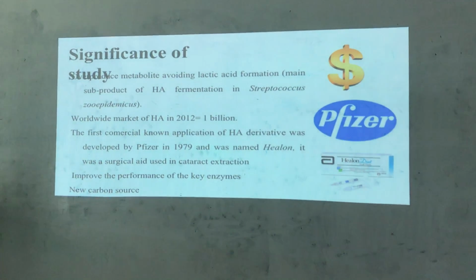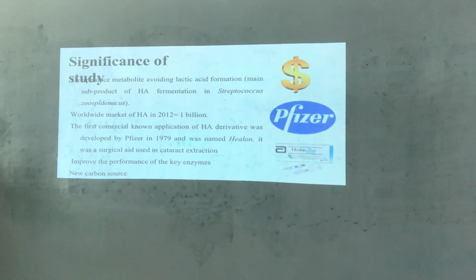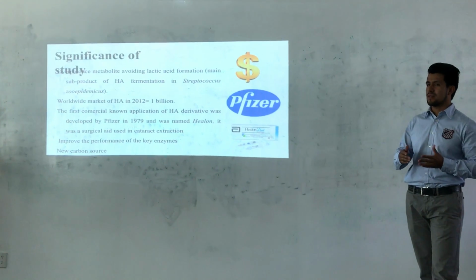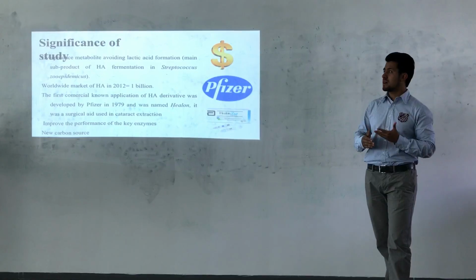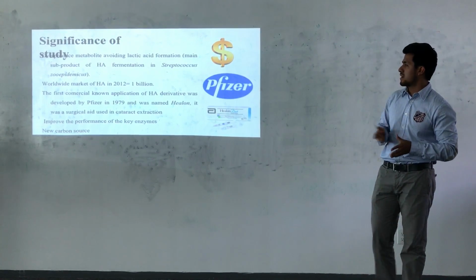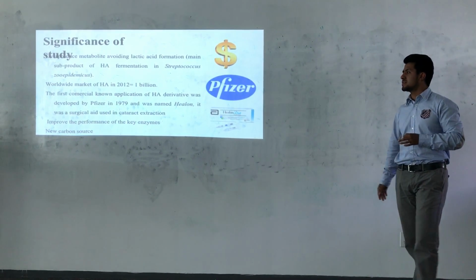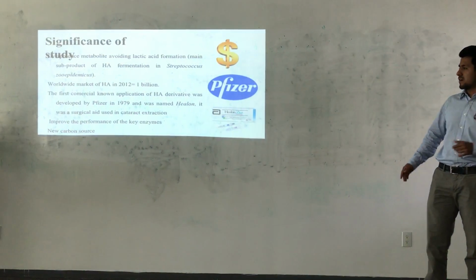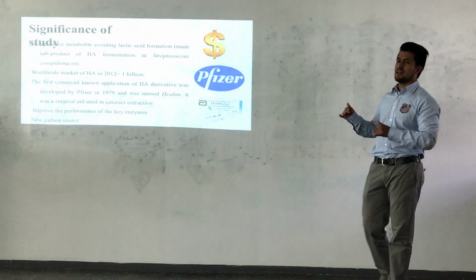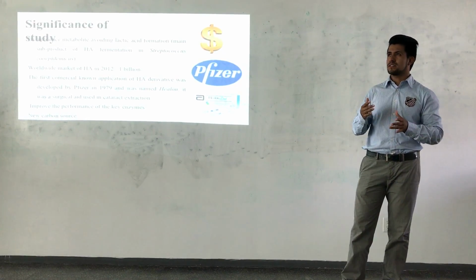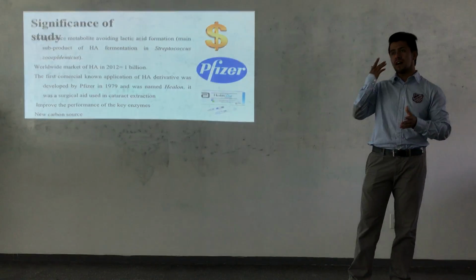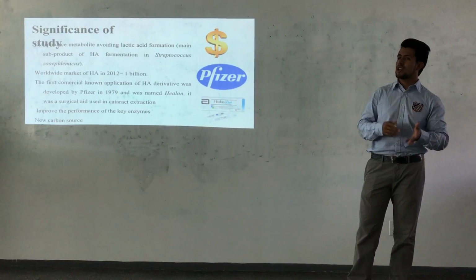Nati told us about some applications. The first market product that people designed was by Pfizer in 1979, who developed Hyaluron, a surgical aid for some illnesses of the eye, maybe for cataract extraction.